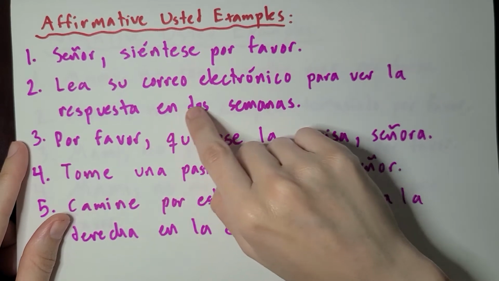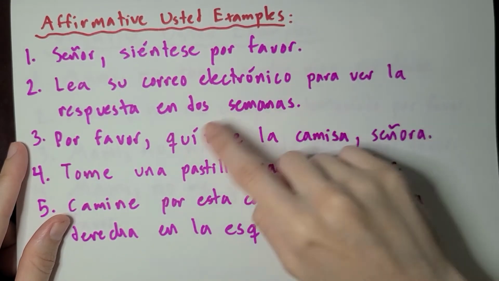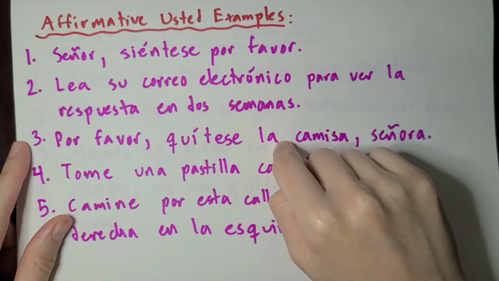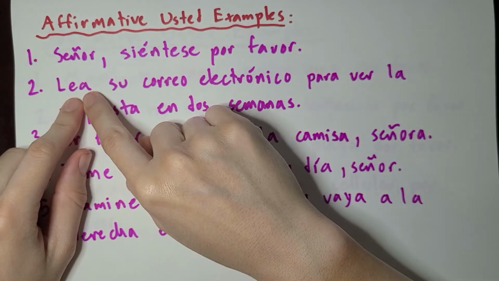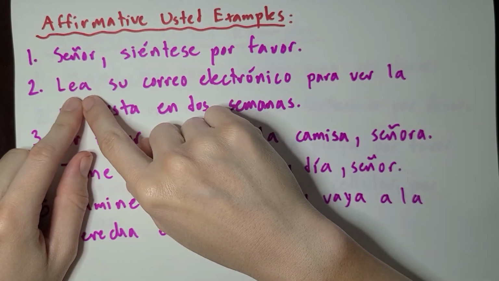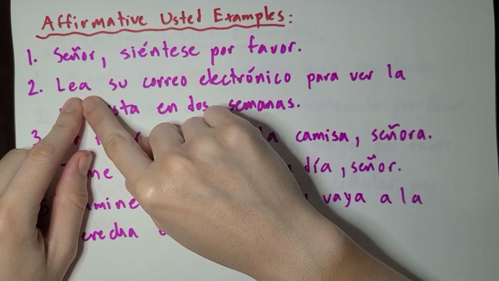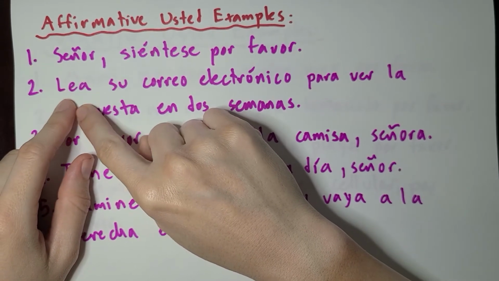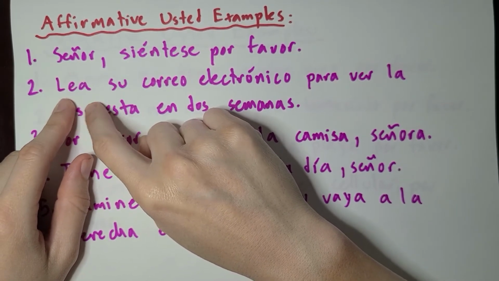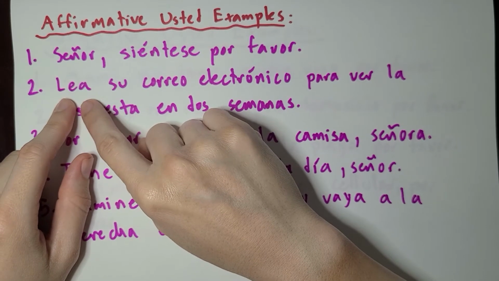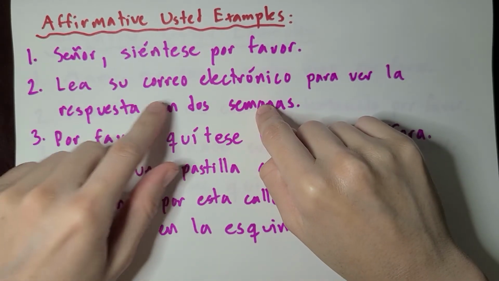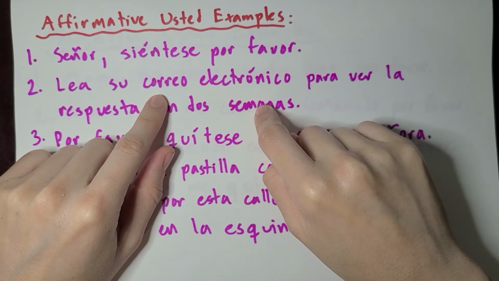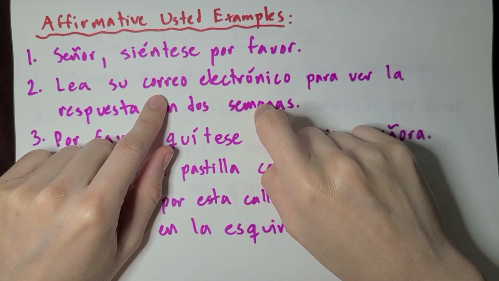Two: Lea su correo electrónico para ver la respuesta en dos semanas. Lea comes from the verb leer. Leer is an ER verb, so you can see we changed the ER to an A. So now it is a polite command. Lea, please read, or just read. Lea su correo electrónico. Correo electrónico translates to electronic mail, it means email.